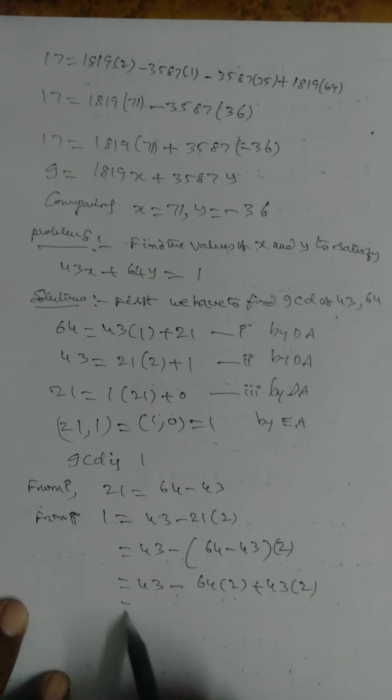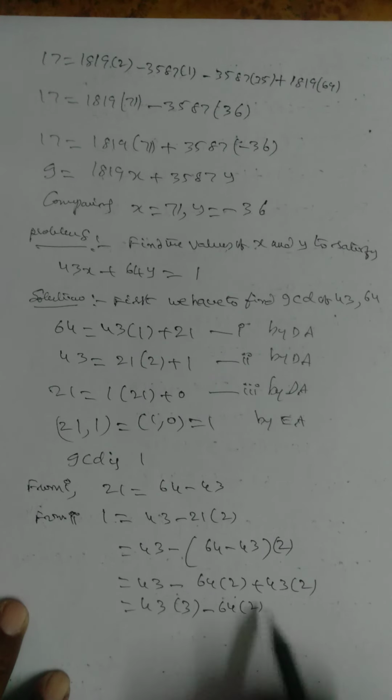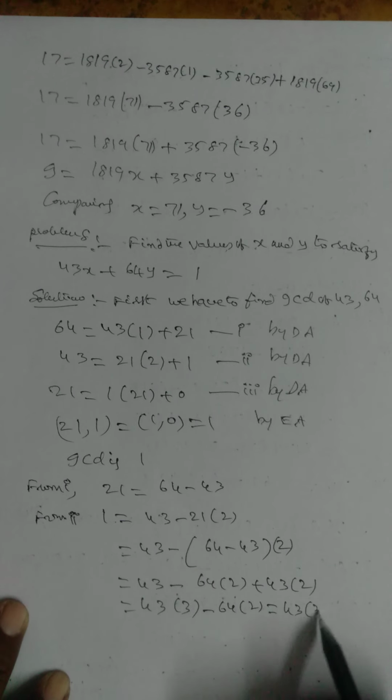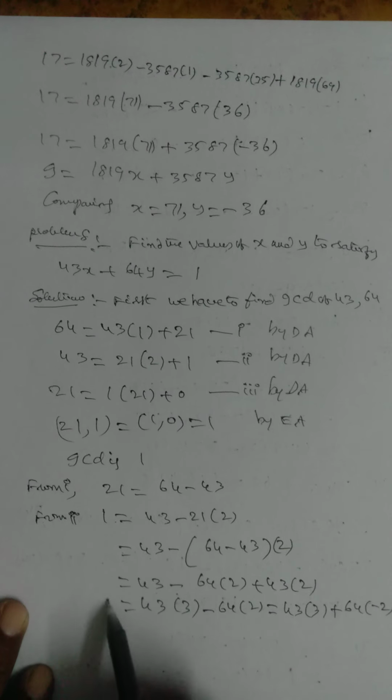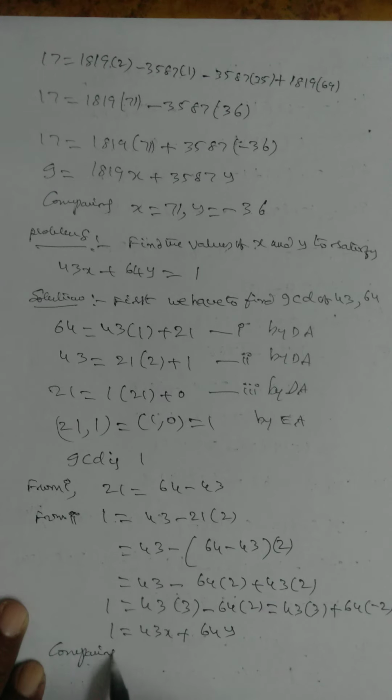So 43 into 3 minus 64 into 2 is equal to 43 into 3 plus 64 into minus 2. So 1 is equal to 43x plus 64y. Comparing, x value is 3, y value is minus 2.